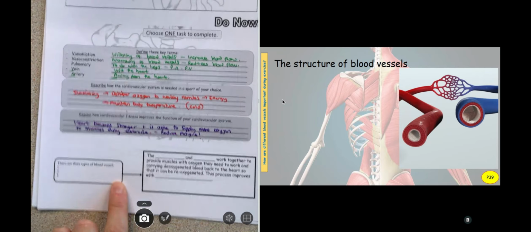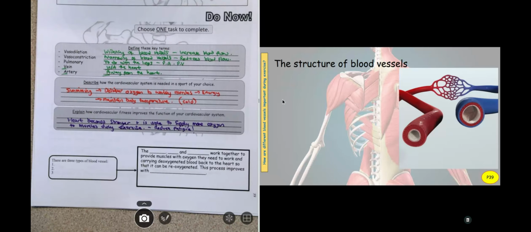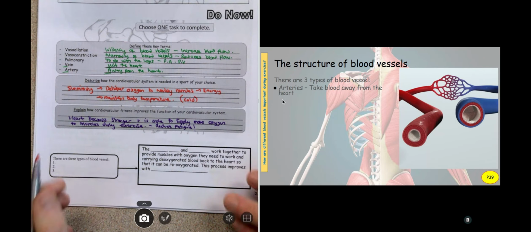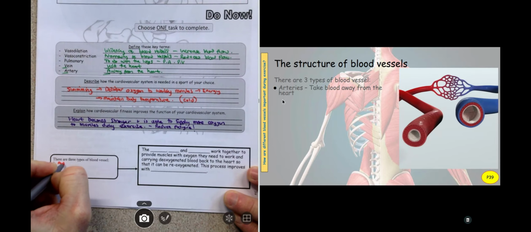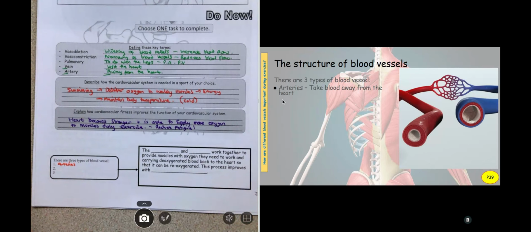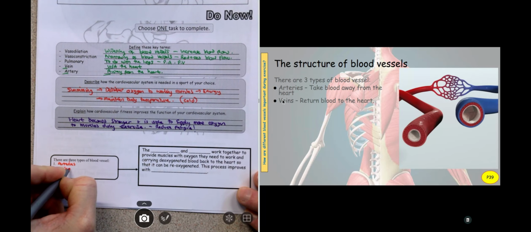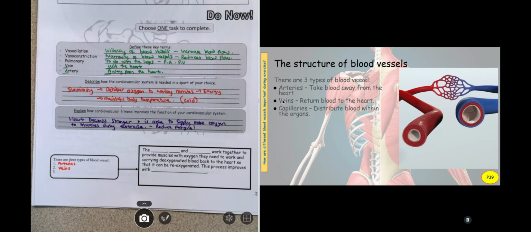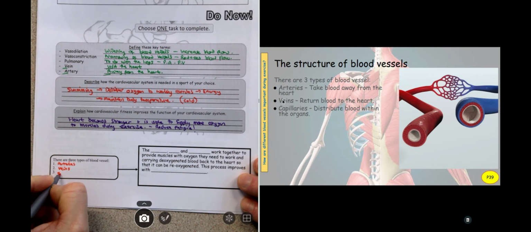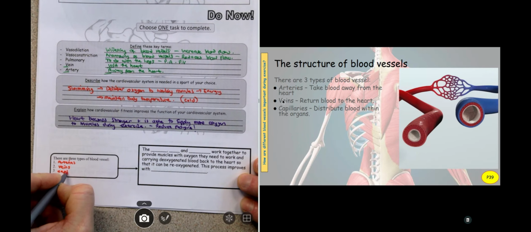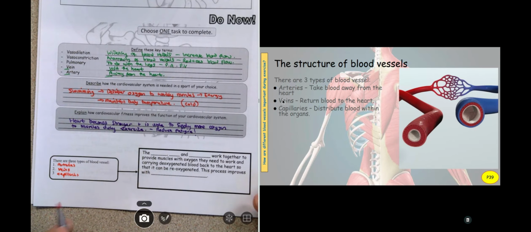So the structure of blood vessels, just at the bottom of that page underneath you do now. There are 3 types of blood vessels which we need to know. We've got arteries, which we've said take blood away from the heart. We have veins, which return blood to the heart. And then we've got capillaries, which distribute blood within the organs.